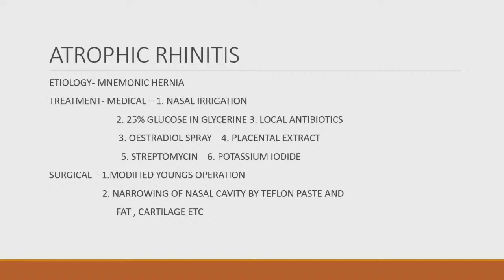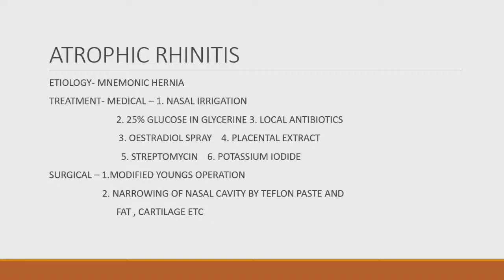Nasal irrigation, as I have already told, is a mixture of solutions, that is sodium biborate, sodium bicarbonate and sodium chloride. These mixtures in 280 ml of water are given, and nasal douching of the nasal cavities is done.